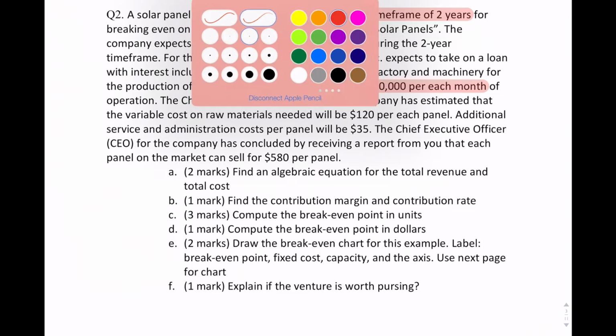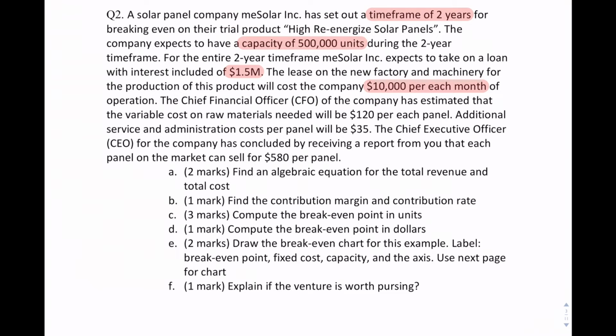However, notice that it's each month. And for 2 years, I'm going to just do it here on the side. Because it's 2 years, that's 24 months, times 10,000. That's something we have to keep in mind.